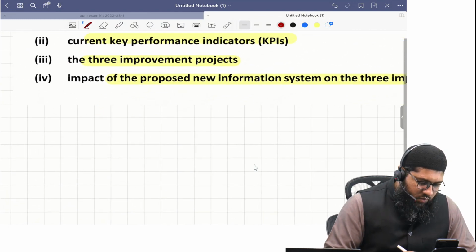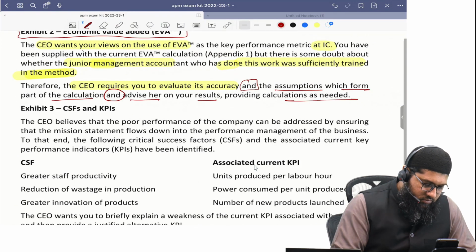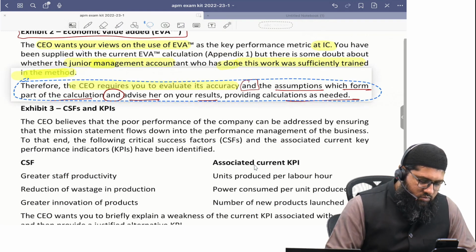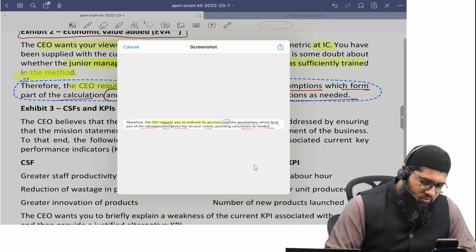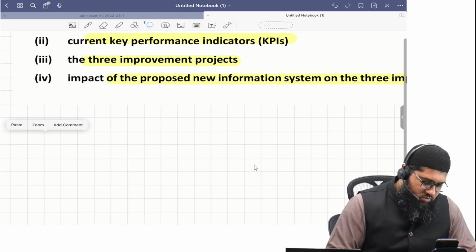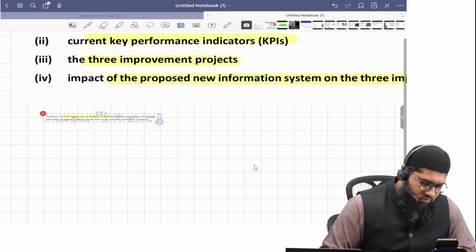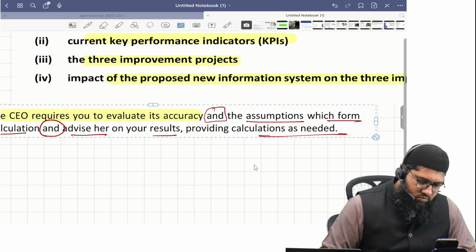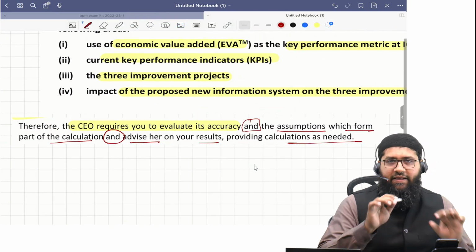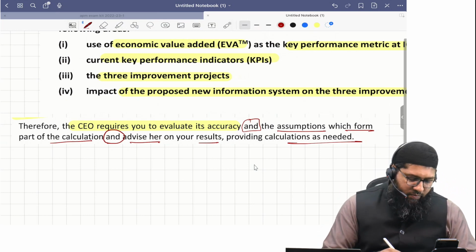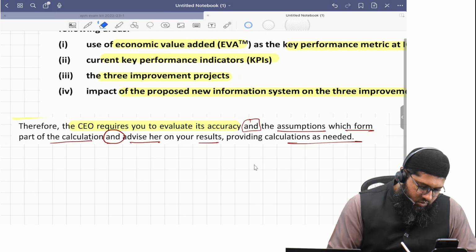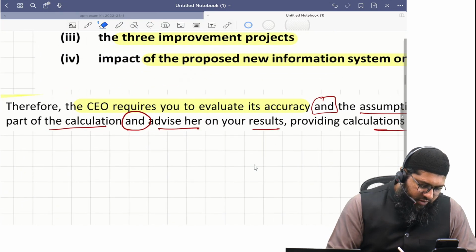Those 3 requirements are going to be like this. One of them says evaluate the accuracy.